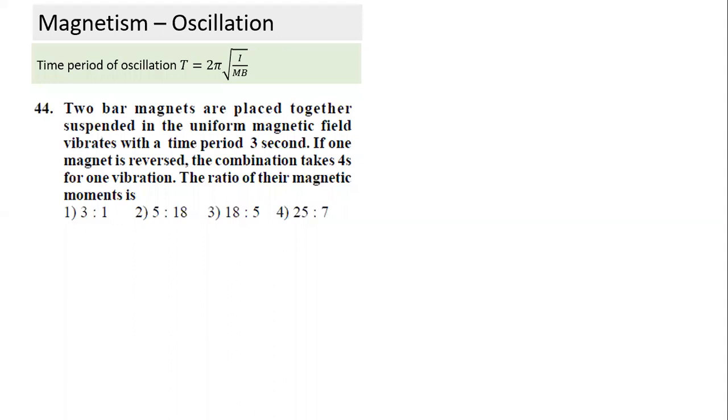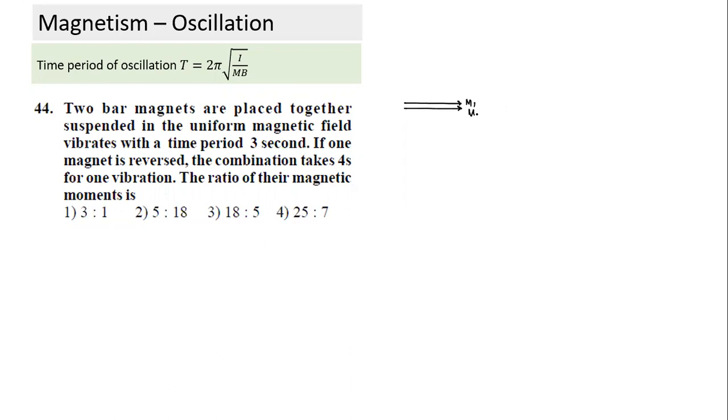Two bar magnets placed together. Which principle is it based on? We have done something similar. In the first case, one magnet is reversed. In the other case, both are in the same sense.